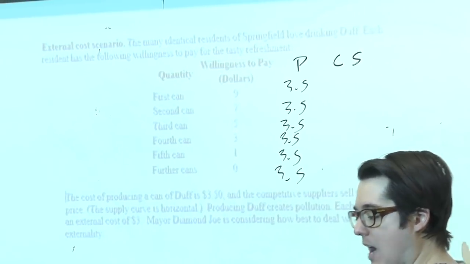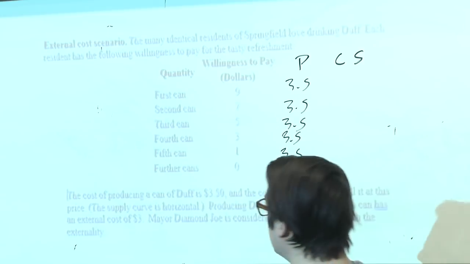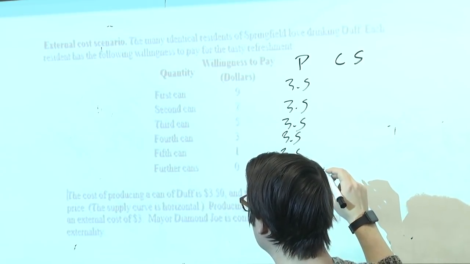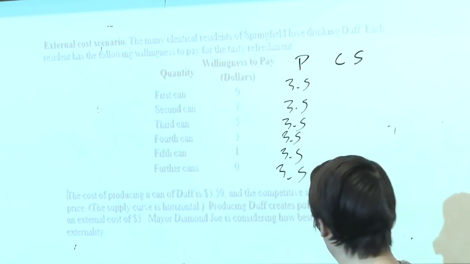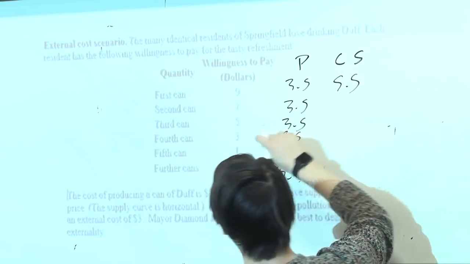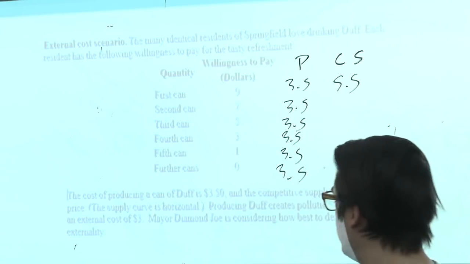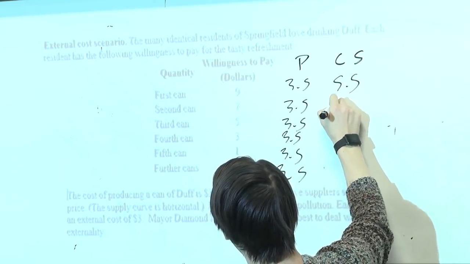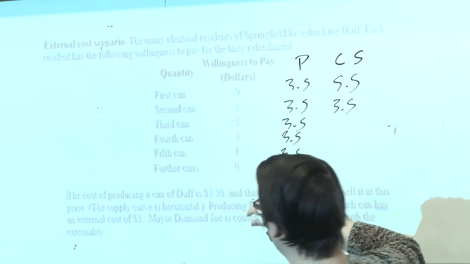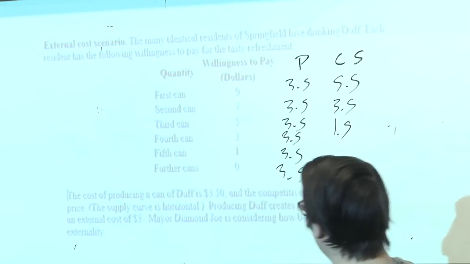So then, what is our consumer surplus for that one item? Not 6, but yeah, 5.5. Right, 9 minus 3.5. Okay, what about for our second one? 3.5. The third one? 1.5.